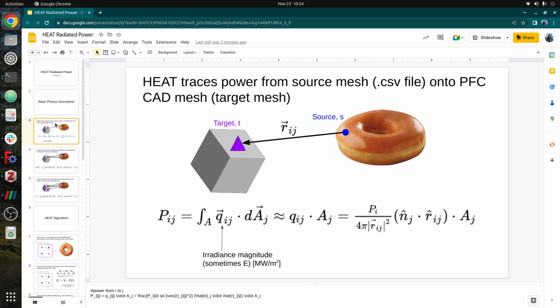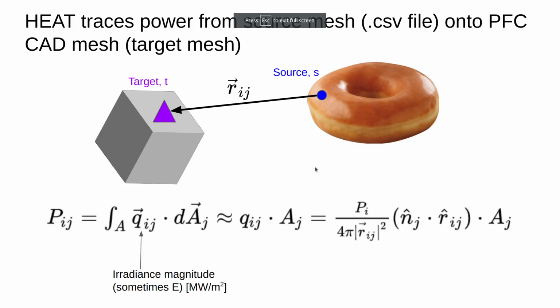So the objective today is to calculate the power that comes from a source object, so in here like a plasma, which is represented by this donut, onto a target. I guess I could go to full slideshow mode. And so if this is the vector between the two, we can create this sort of function, and there may be some errors in this math along the way, so I apologize if that's the case.